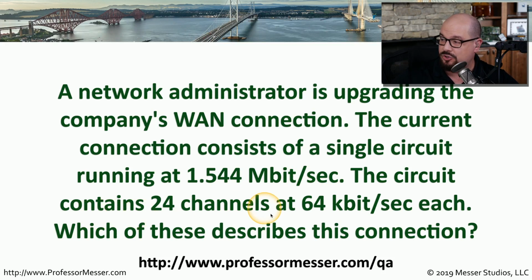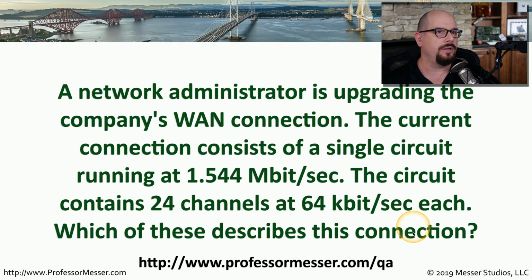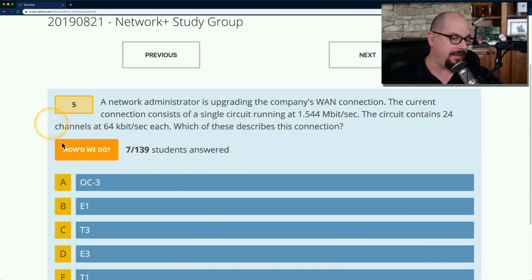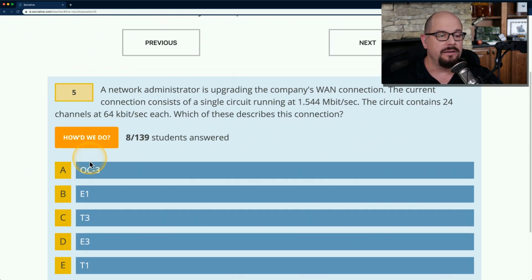The circuit contains 24 channels at 64 kilobits a second each. Which of these best describes this connection? Is it OC3, E1, T3, E3, or T1? Those are your 5 different options.